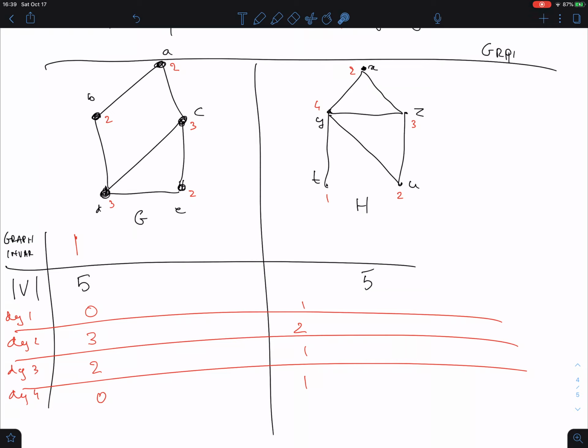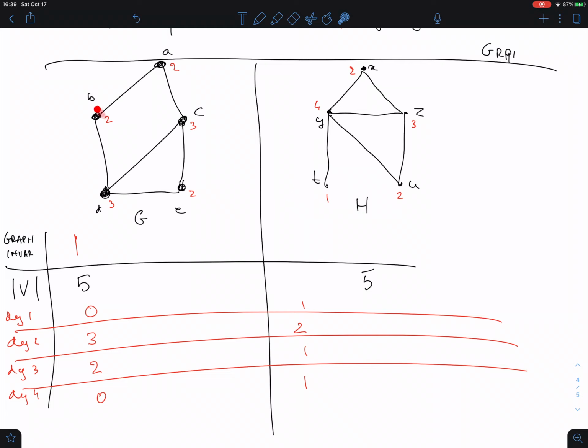Everything is correct, but you see, they don't match. So this means this cannot be isomorphic. One way of thinking about that is, I have no degree 1s here, and here I have 1 of degree 1. Remember there has to be a correspondence either way, whether I go from G to H or H to G. It goes both ways. Where am I going to send T to?